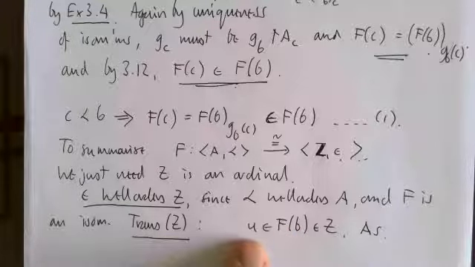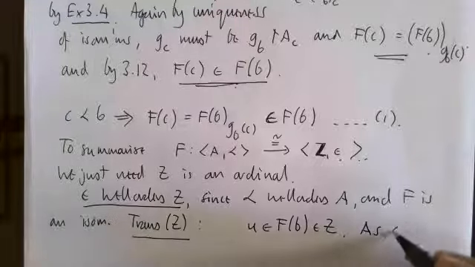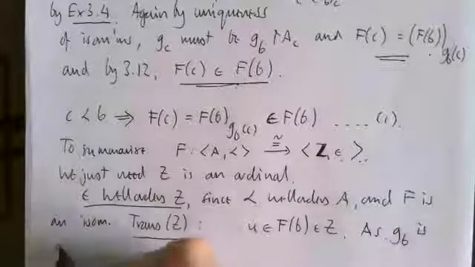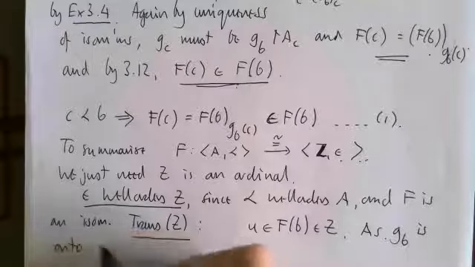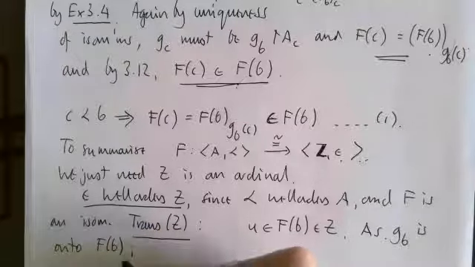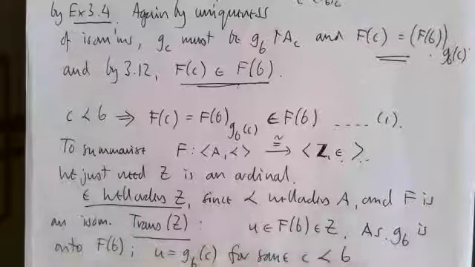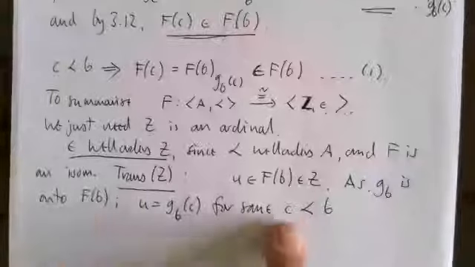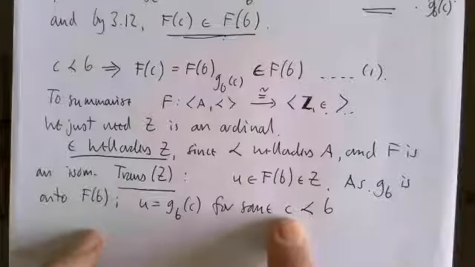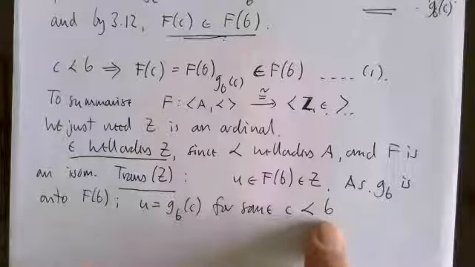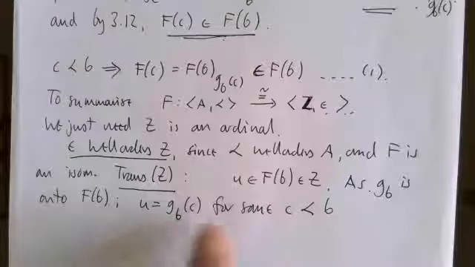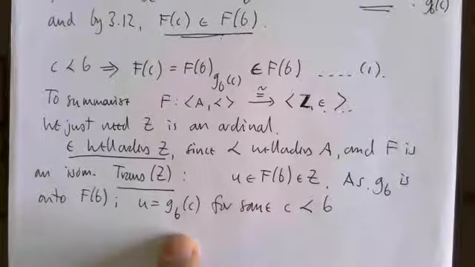So something gets sent to U. As GB is onto f of B, U is GBC for some C or other, which comes before B. So some C in the initial segment in AB, in the domain of GB, sends C onto this U here.